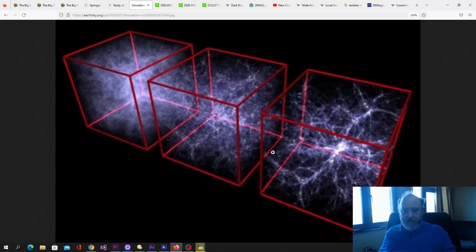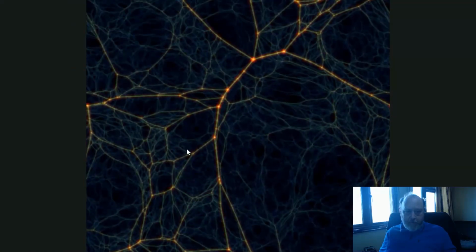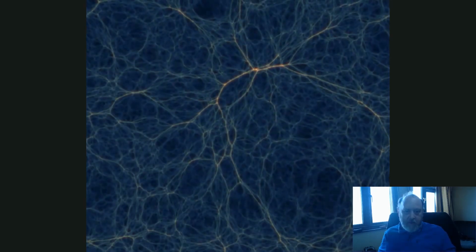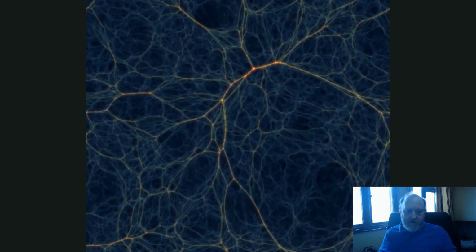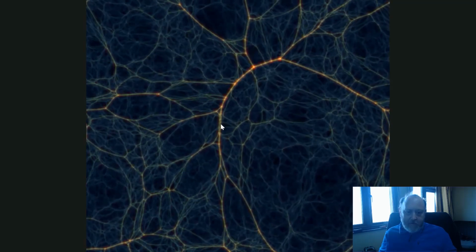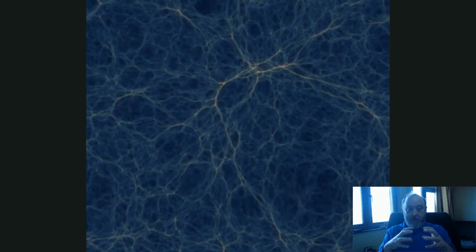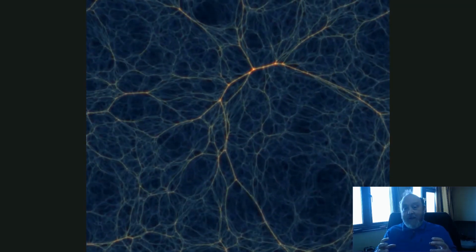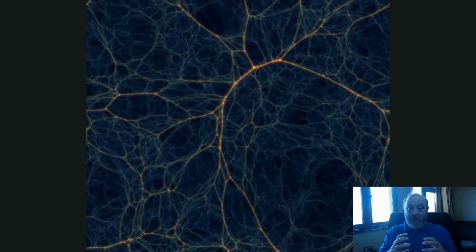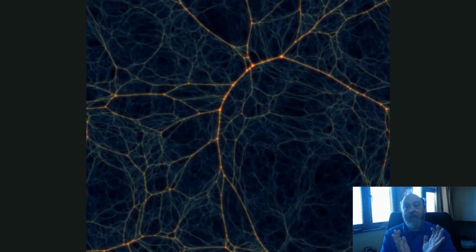And so it uses a soap bubble model, of which this is one of them, to show how galaxy filaments come together. But the implication of that is that if galaxies are being pushed onto filaments, then they should generally be pushed away.